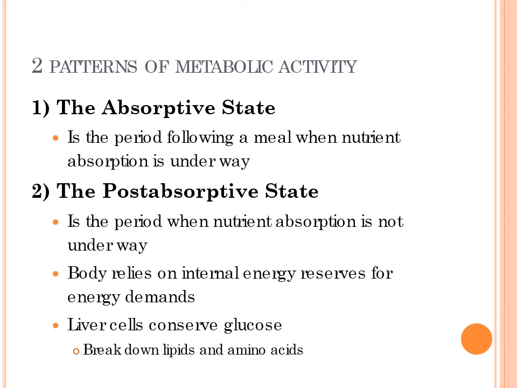So during the absorptive state, that usually lasts about 4 hours after a meal. So if you eat 3 meals a day, you spend about 12 hours in the absorptive state. The other 12 hours are spent in the post-absorptive state. And in the absorptive state, the primary hormone is insulin. So you're primarily regulated by insulin.